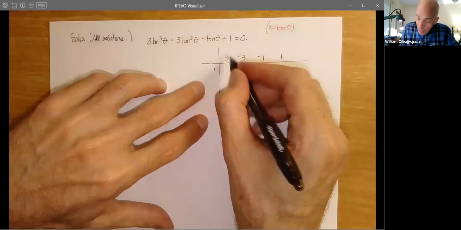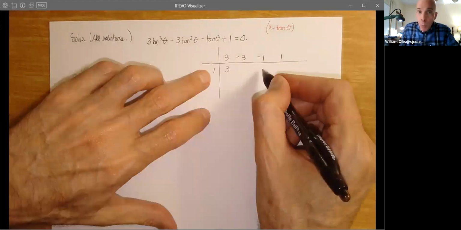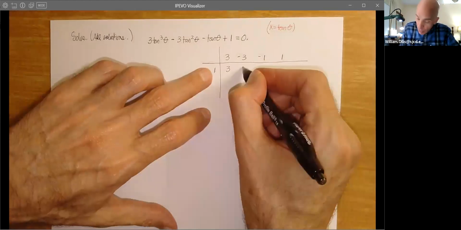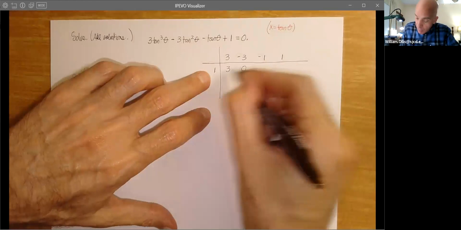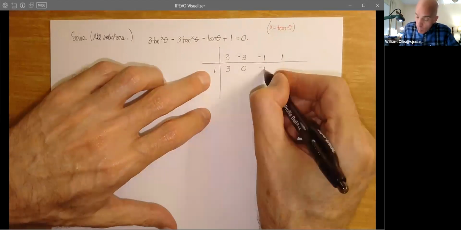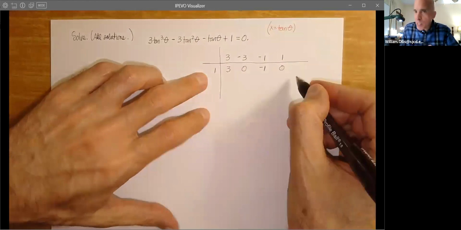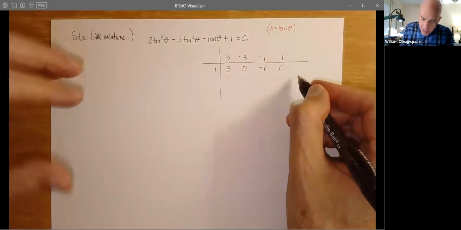So now bring the 3 down. 3 times the 1 is 3 plus the -3 is 0. And then, of course, 0 plus -1 is -1. And then -1 plus 1 is 0. Okay, well, we expected that, right? So now what does this give us?